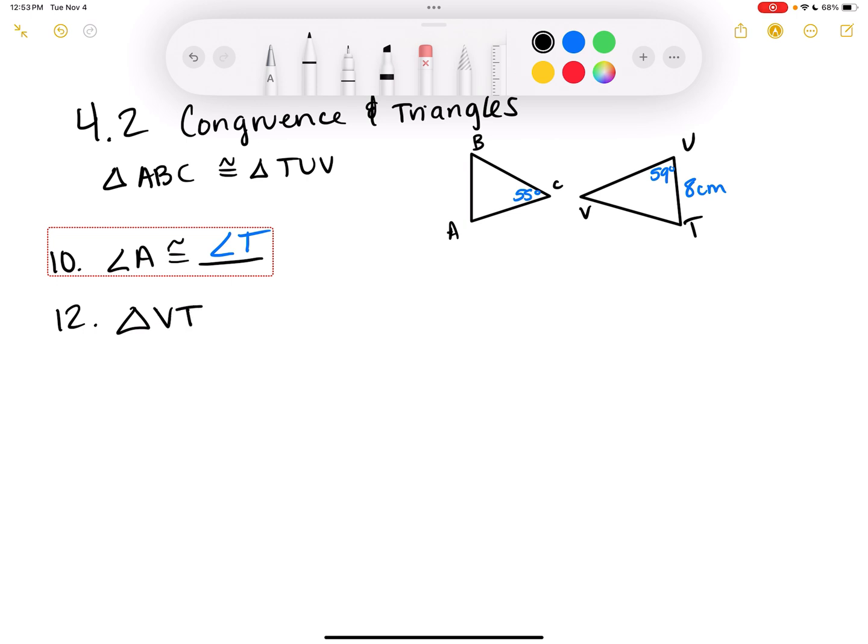Triangle VTU is congruent to what other triangle? Make sure you know order matters. CAB. Yep, triangle CAB. So we looked at up here, it was ABC and TUV. They started with the last one and then started going over again, so we had to do CAB.